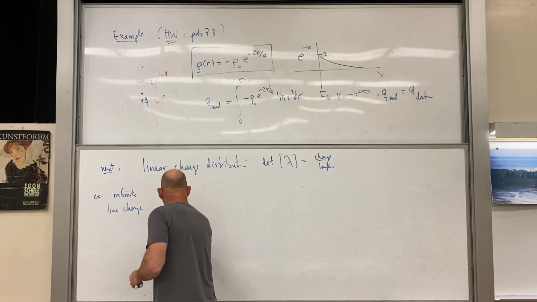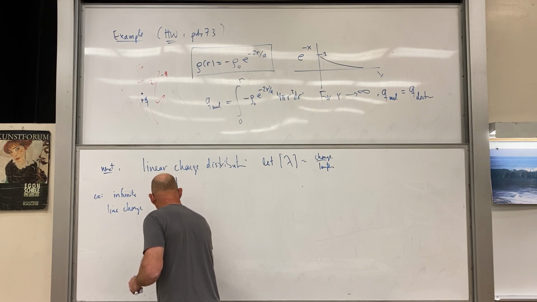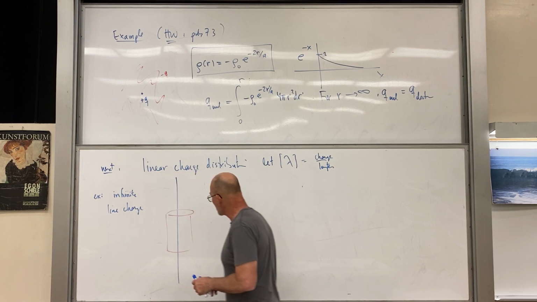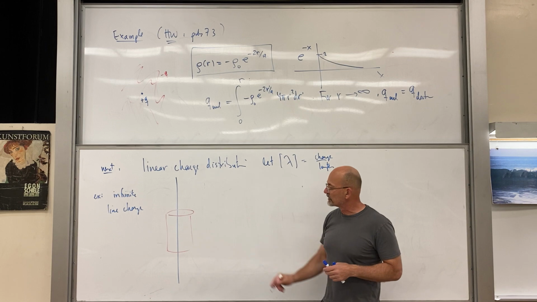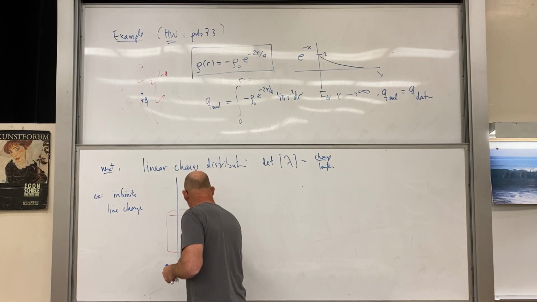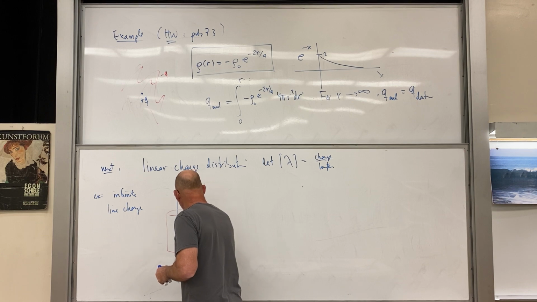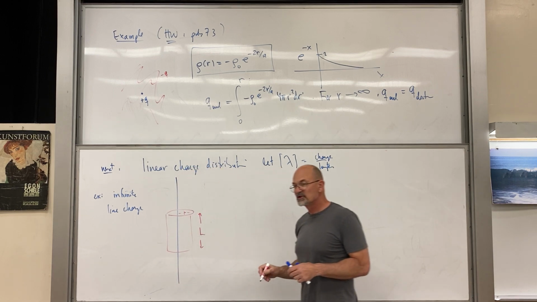We go ahead and draw a Gaussian surface, as it's called. So we enclose a line charge centered on that cylinder there. I'll go ahead and say there's a length L, and there is, I'll use R for radius. So this is now the distance from the line charge. Okay.